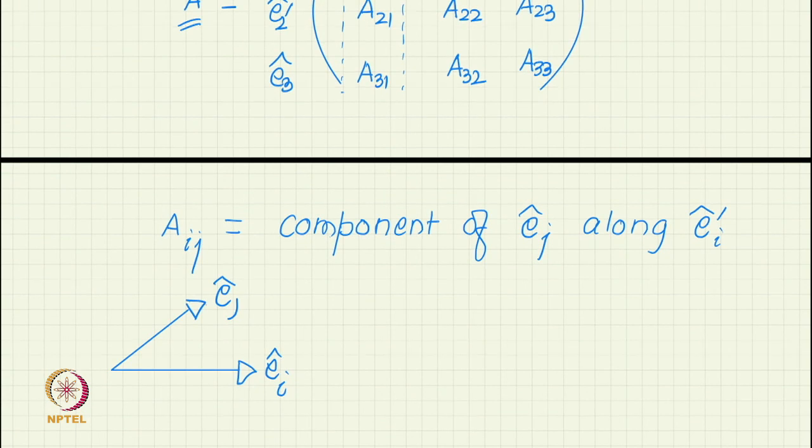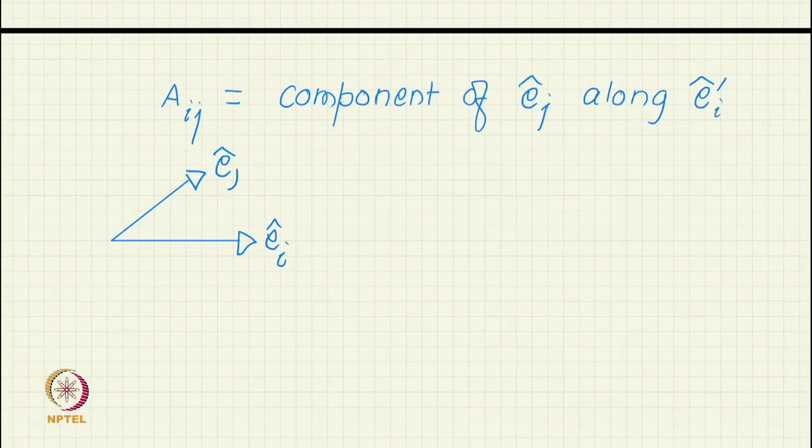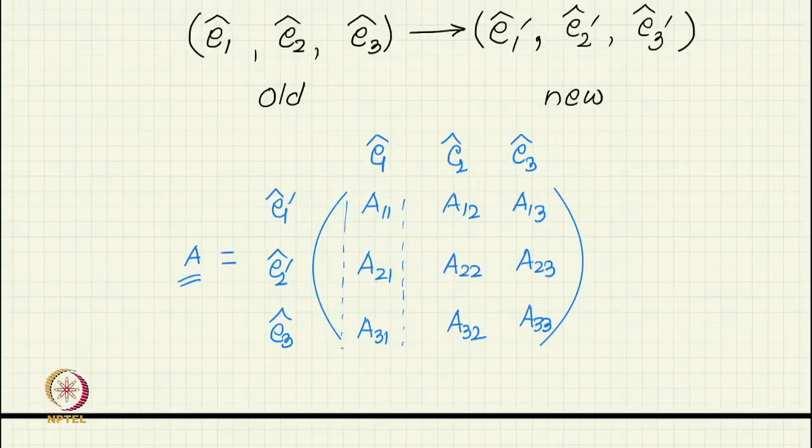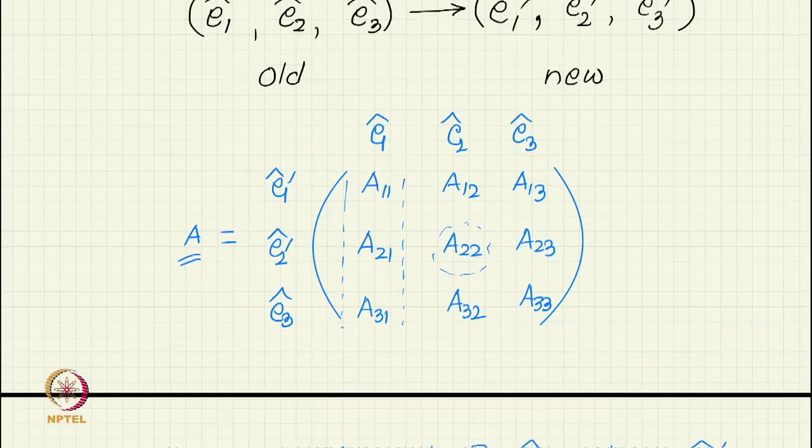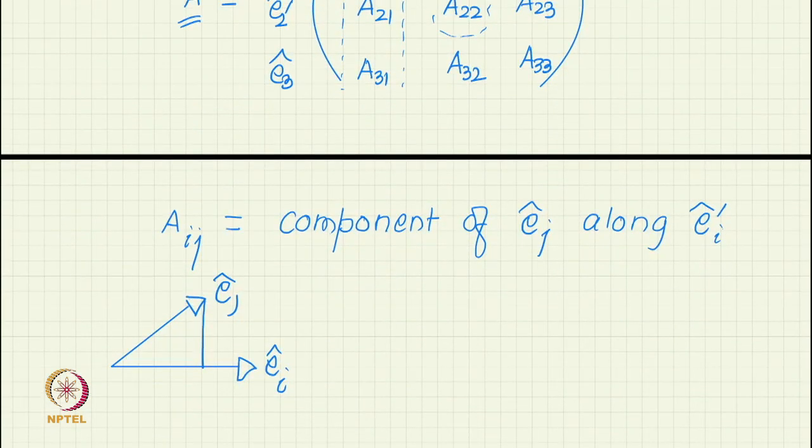If we now look at the components, they have a simple interpretation in the case of an orthonormal basis. Because if you want to take the component of E j, in this matrix any component A i j is the component of E j along E i prime.